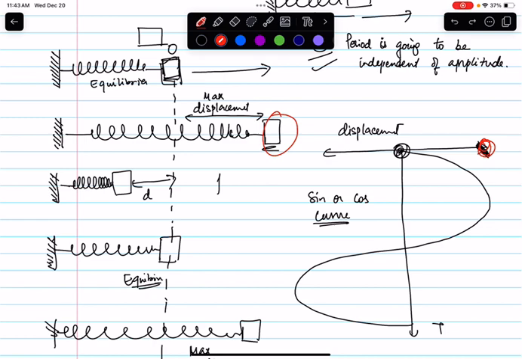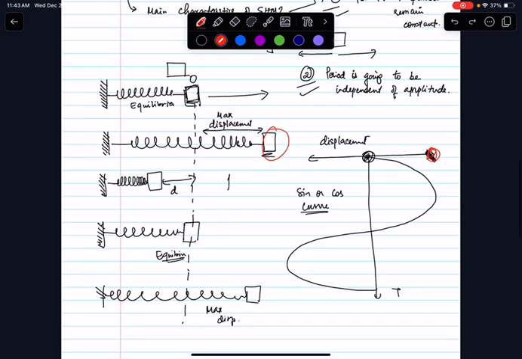So the main thing for this is that with these mass spring displacements, the displacement is a function of sine or cosine. Okay? So that's what you would need to understand over here.